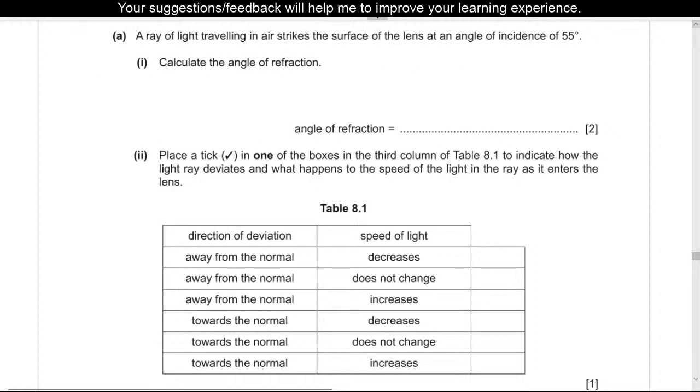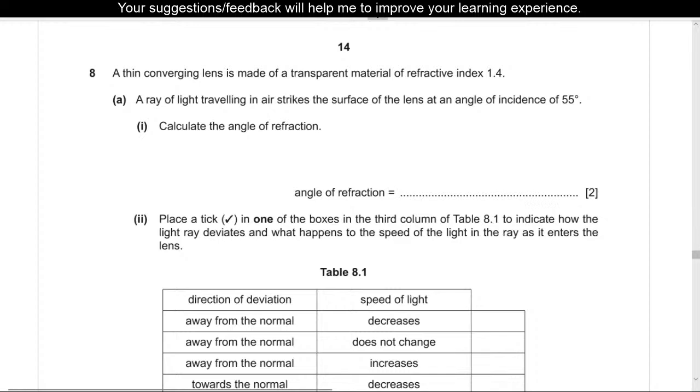Okay, the next question, question number 8. A thin converging lens is made of a transparent material of refractive index 1.4. A ray of light traveling in air strikes the surface of the lens at an angle of incidence of 55 degree.